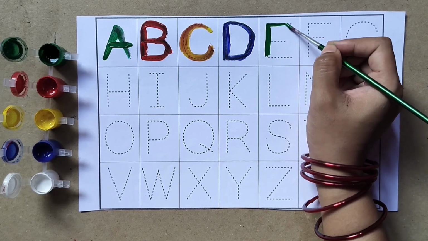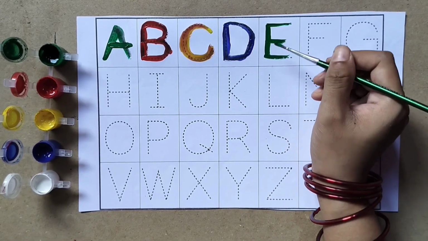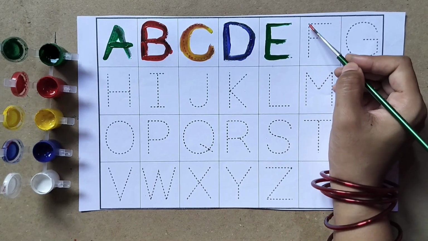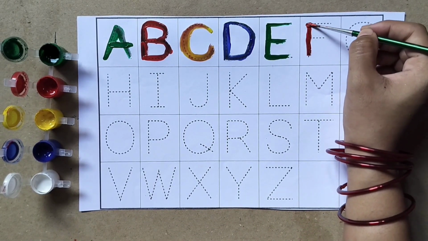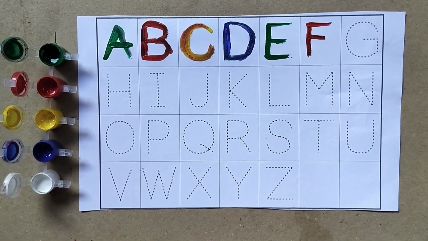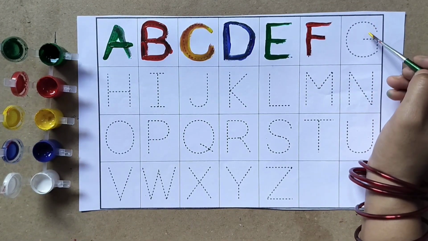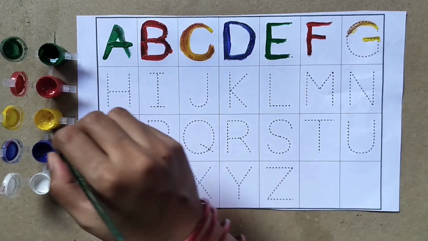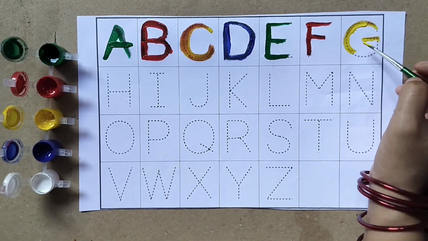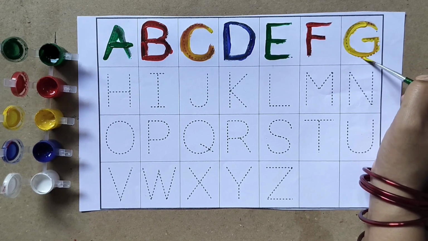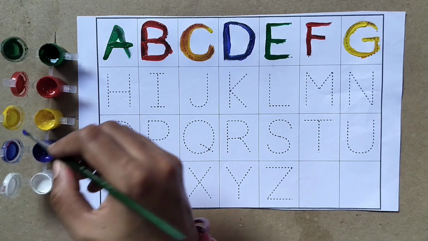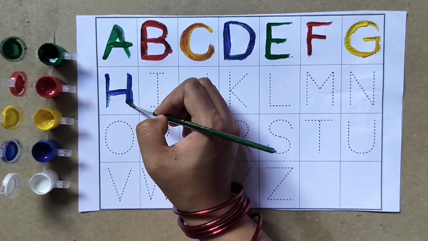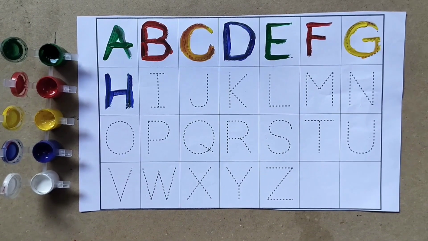E for elephant. F for fish. G for girl. H for hand.